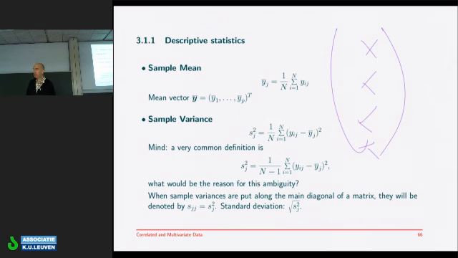A row vector also happens, but then it's usually made clear. Why is that? Well, if you measure, for example, in the iris data set, sepal length, sepal width, petal length, petal width, there are 4 variables. There are 4 components, and therefore there are 4 mean components also, and that's what we need to consider.